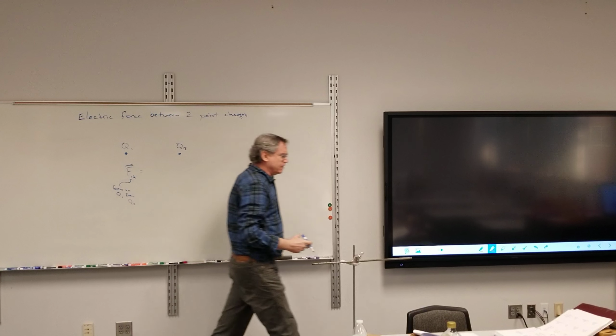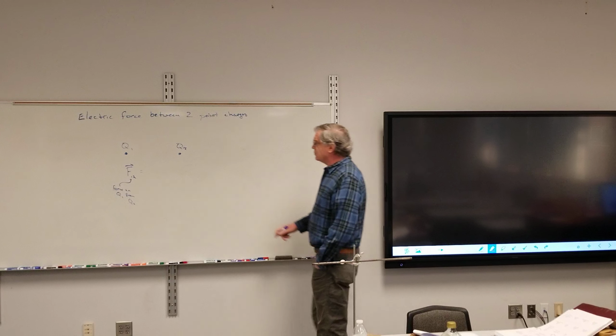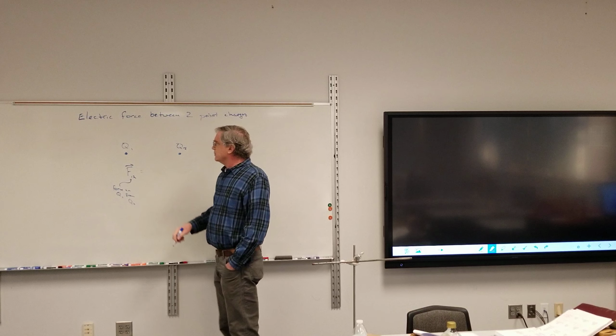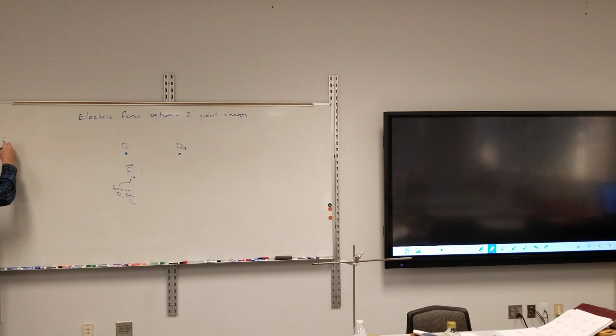It's going to look a lot like the generalized gravitational formula, so I'll put that over to the side just to refresh your memories. The magnitude of the gravitational force is big G, mass 1, mass 2 over r squared.